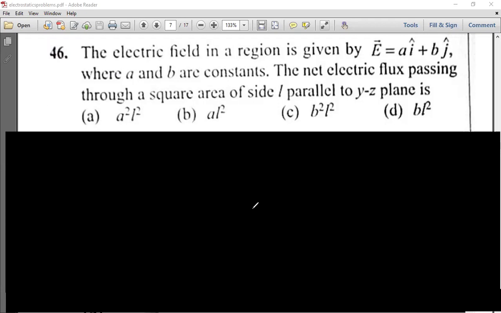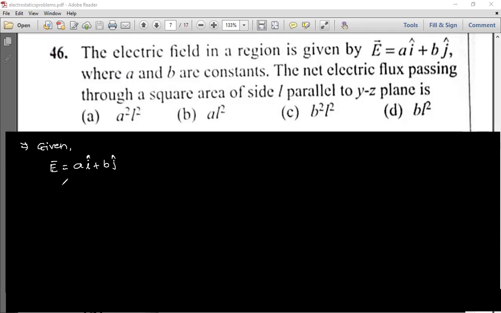Parallel to YZ means which one is parallel? Let's see. Now see. First of all, what is given? E bar is equal to A I cap plus B J cap.